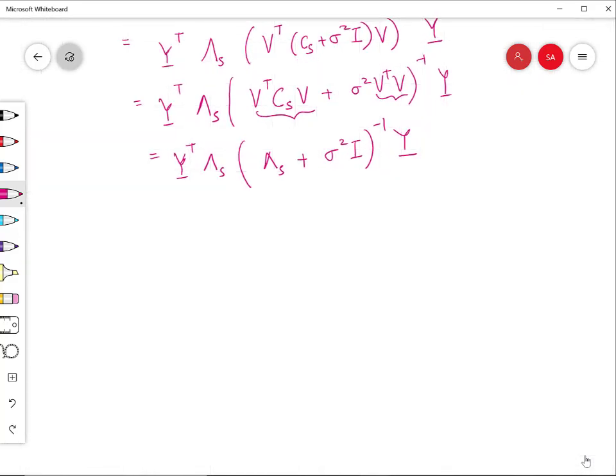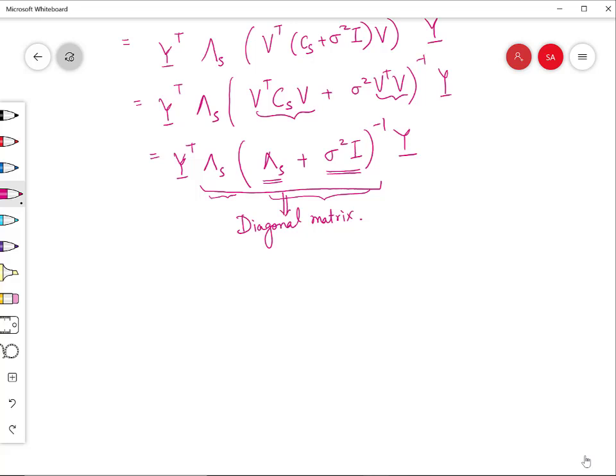Now what is the advantage that we get here? The advantage is that this particular matrix is a diagonal matrix, this is again a diagonal matrix, so the inverse is also going to be a diagonal matrix, multiplied by again a diagonal matrix, so this whole quantity is a diagonal matrix. I can also write the value.